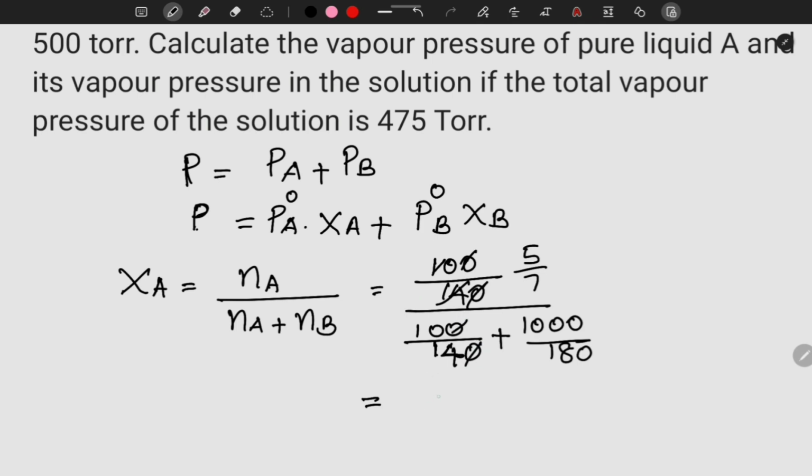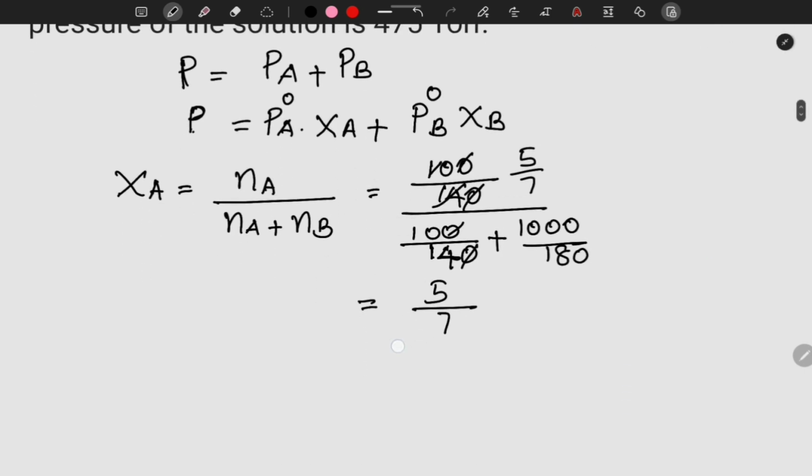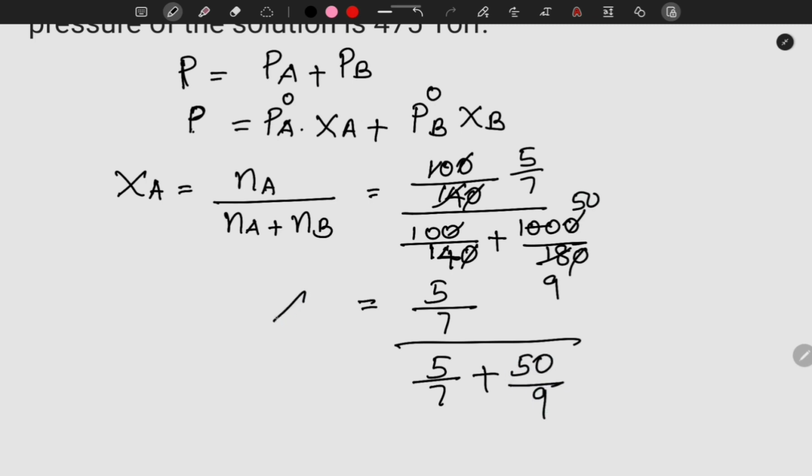Here also 5 by 7. So 5 by 7 divided by 5 by 7 plus this number we can divide by 2, so 1000 by 180 becomes 50 by 9. That is equal to the mole fraction of A.